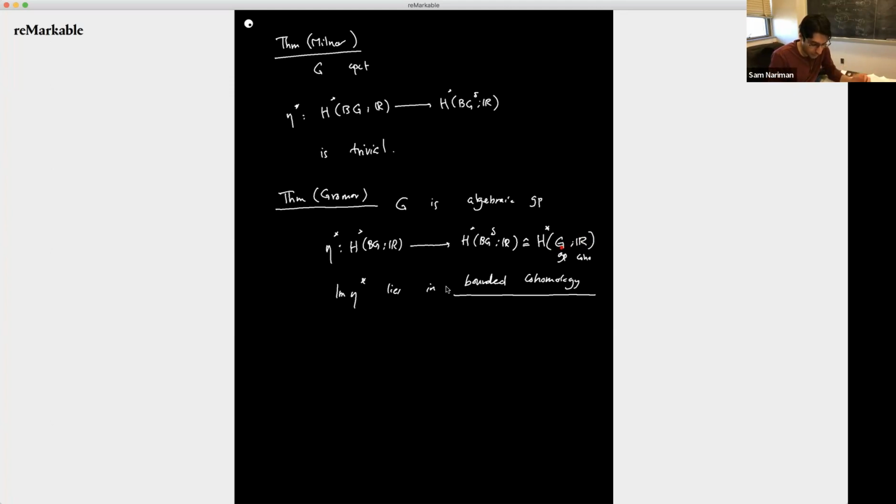It's going to give you bounded cohomology. And the observation of Gromov was that the image of this map, whenever it's non-trivial, is going to land in the bounded cocycles. That's one interesting observation about the image of this map.